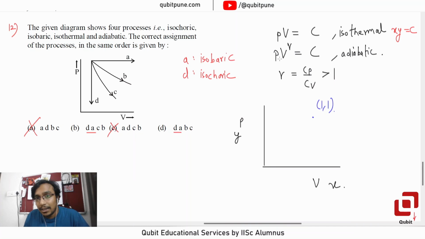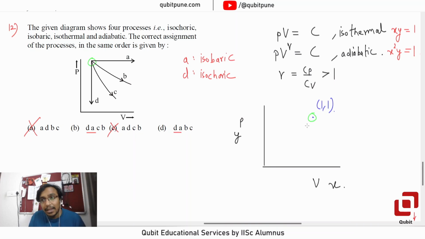V is x, so let us take x squared y equal to C. So basically I'm taking gamma as 2, but that's fine. What I want is that it should be greater than 1. And if I want this point to be 1, 1, let us take xy equal to 1 and x squared y equal to 1, so that both curves pass through the same point.